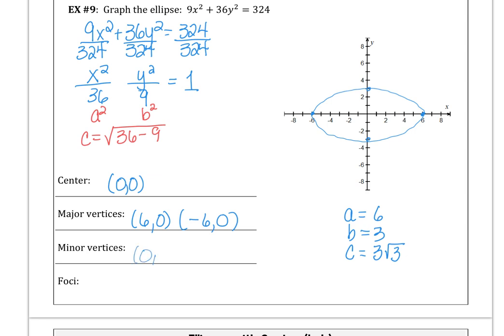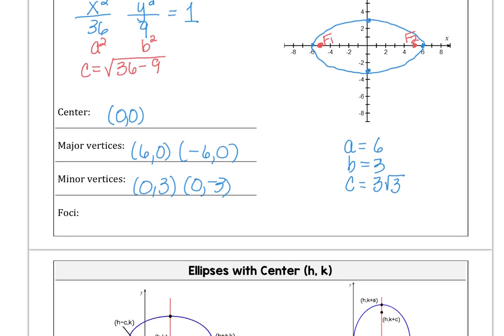Minor vertices are at (0, 3) and (0, -3), and if we go a little bit bigger than 5, we'll call that focal point 1 and focus 2 over here, labeling those appropriately without decimal values. We have (3 square roots of 3, 0) and (-3 square roots of 3, 0). So we got all of that taken care of.